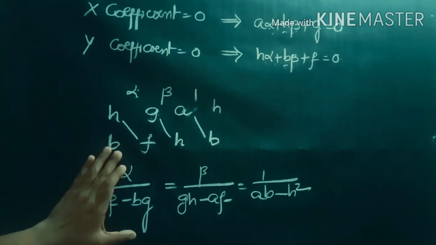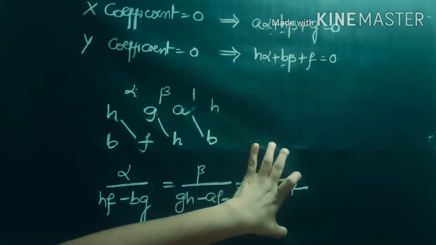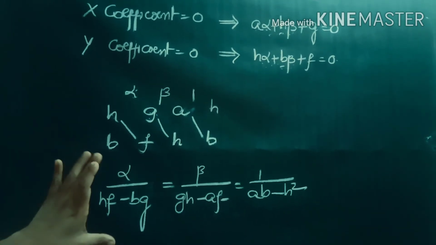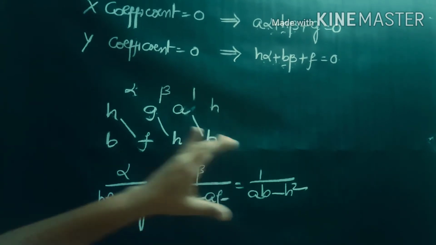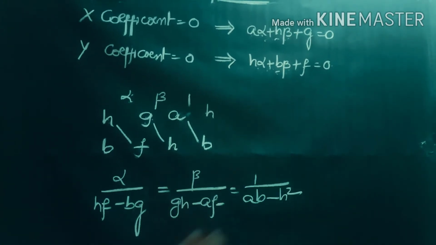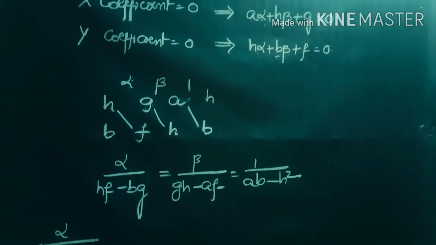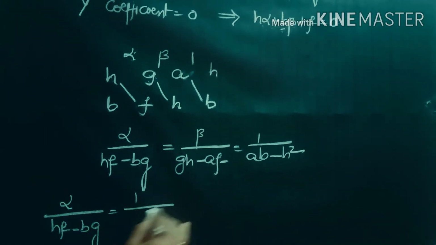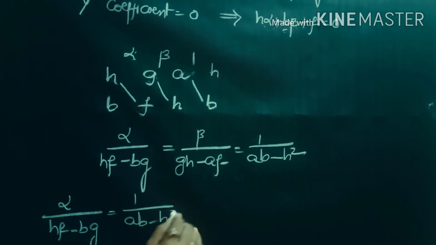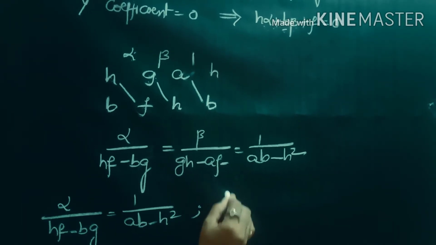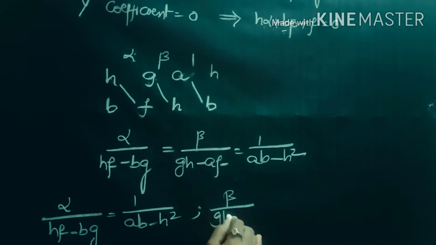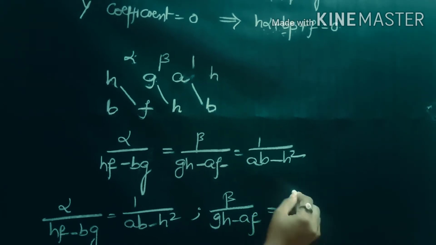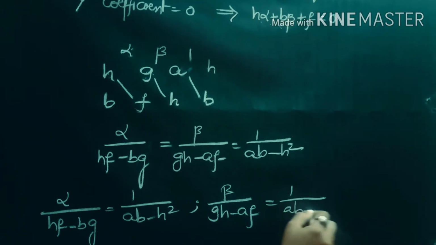So this is the alpha term, this is the beta term, and this is the constant. So first we equate the alpha term to the constant, and next we equate the beta term to the constant. That is, alpha by hf minus bg is equal to 1 by ab minus h square, and beta by gh minus af is equal to 1 by ab minus h square.